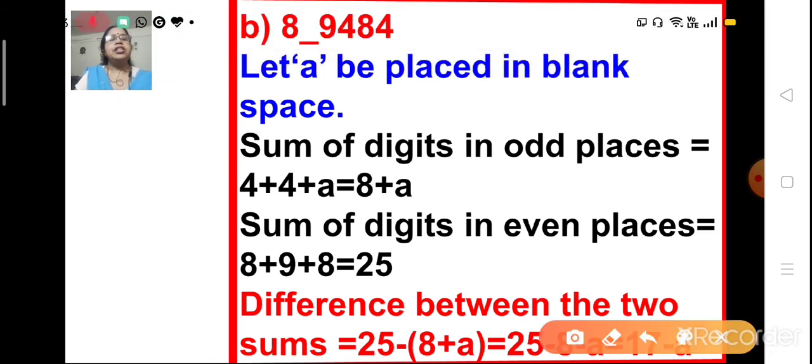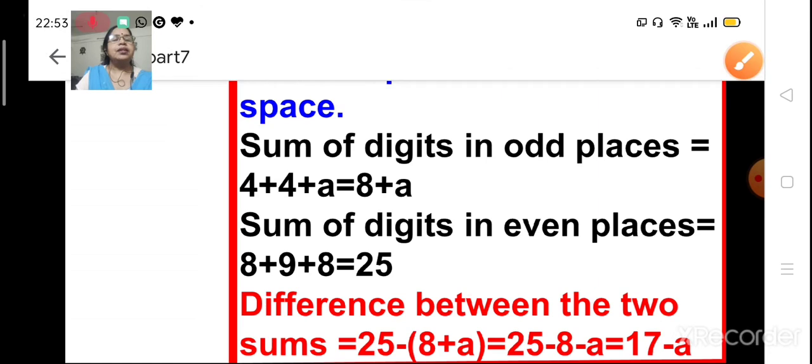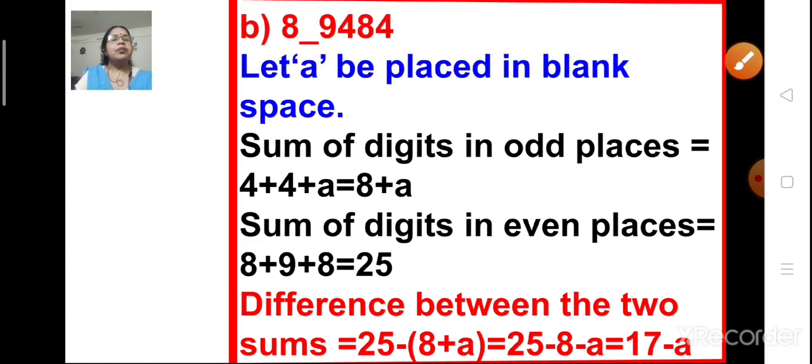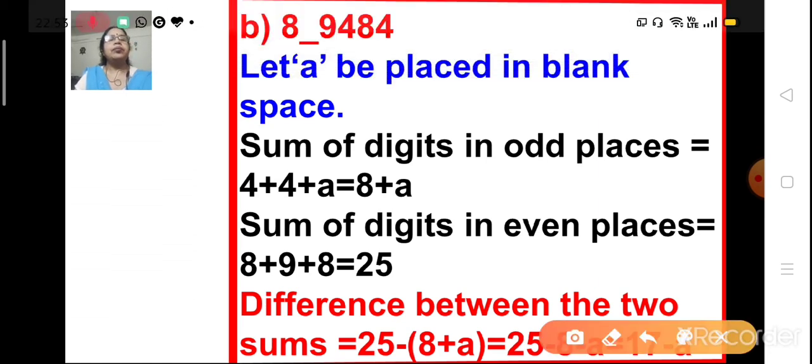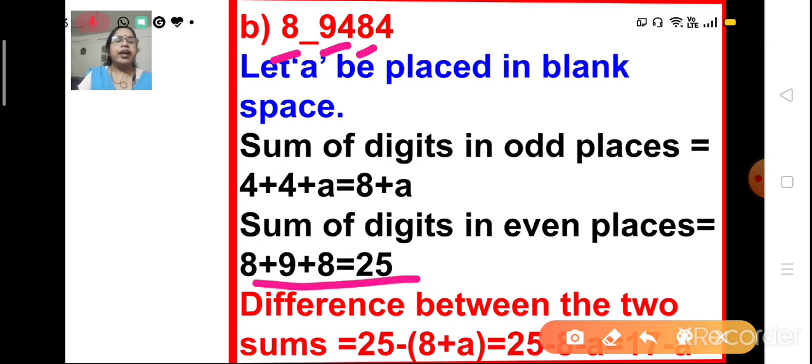The sum of the digits in the odd places will be 4 plus 4 plus A, that means 8 plus A, and the sum of the digits in even places will be 8 and 9 and 8. So, 8 plus 9 plus 8 becomes 25.